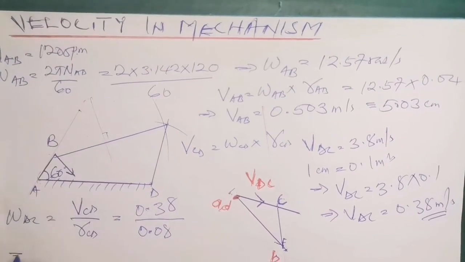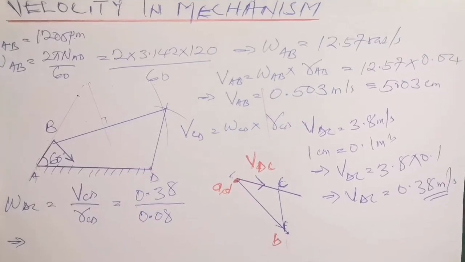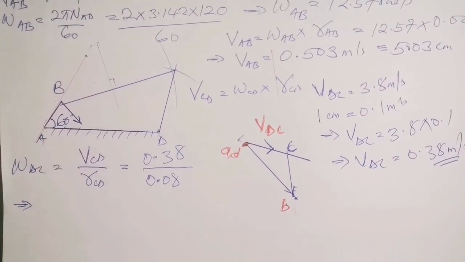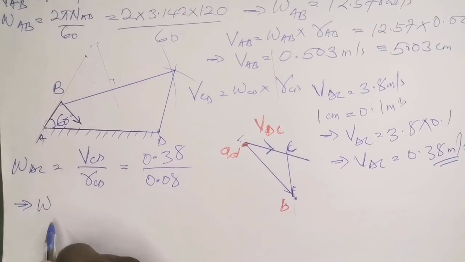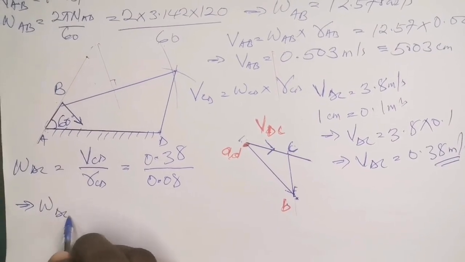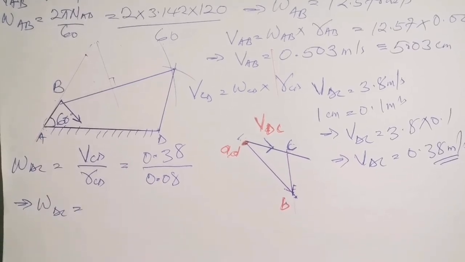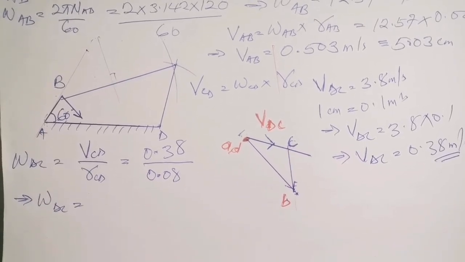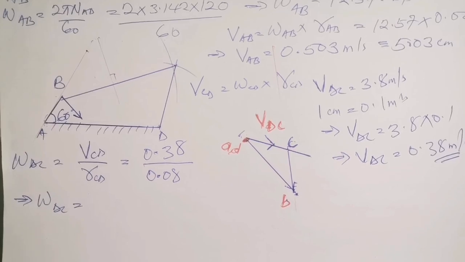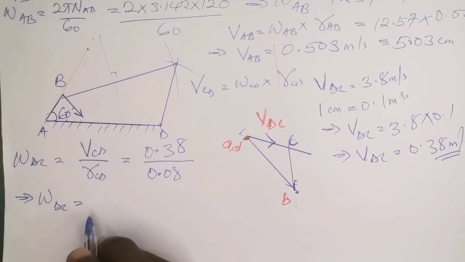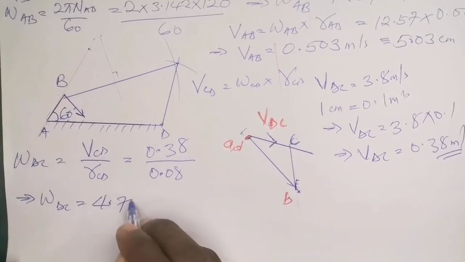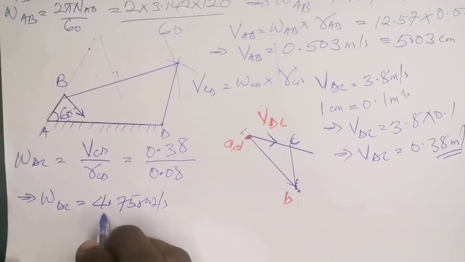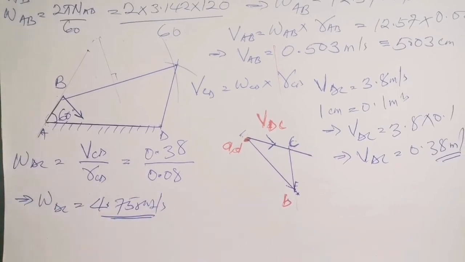This simply implies that our angular speed along DC is equal to 0.38 divided by 0.08. That gives us 4.75 radians per second, and that becomes the angular speed of that arm.